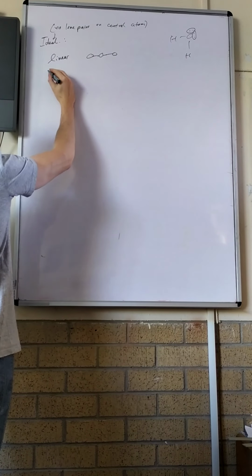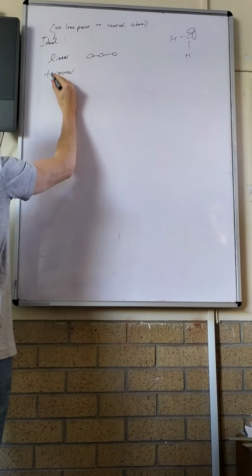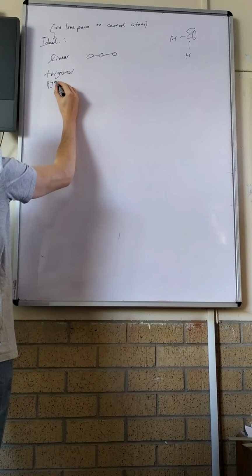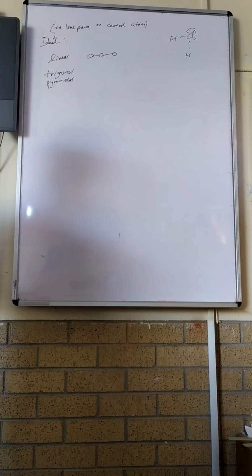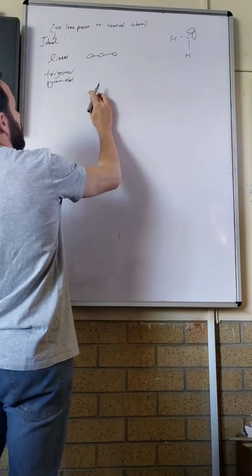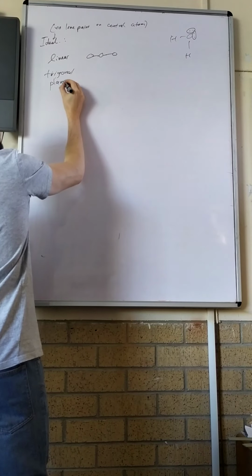Next ideal shape is called trigonal pyramidal. Sorry, I'm lying. It's not ideal. It's trigonal planar. That was a mistake.